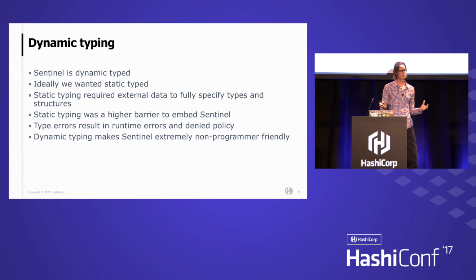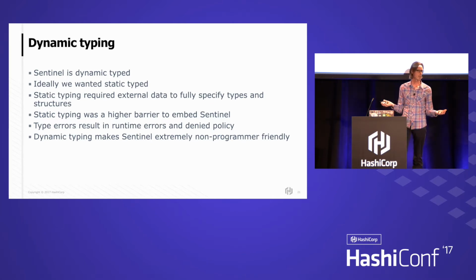Things that come from Terraform Plan, things around validating jobs with Nomad, API calls to Vault, all of these would have had to specify their types and their structures, and this was a problem with embedding. With dynamic typing, you can get runtime errors. If you try and add a Boolean and an integer, that's going to cause a runtime error. But the way that Sentinel handles this is that a runtime error results in a denied policy. And of course, dynamic typing makes things extremely programmer friendly.